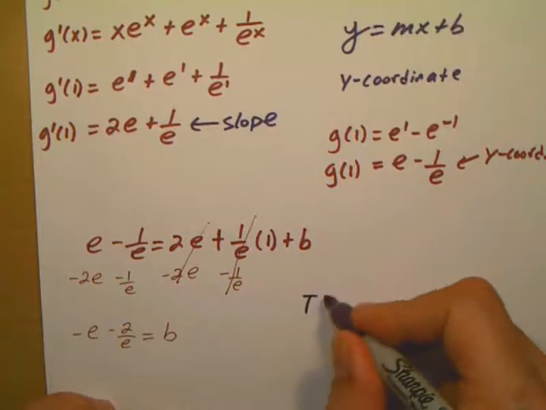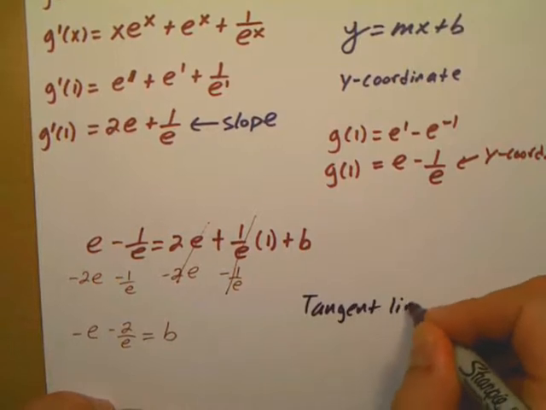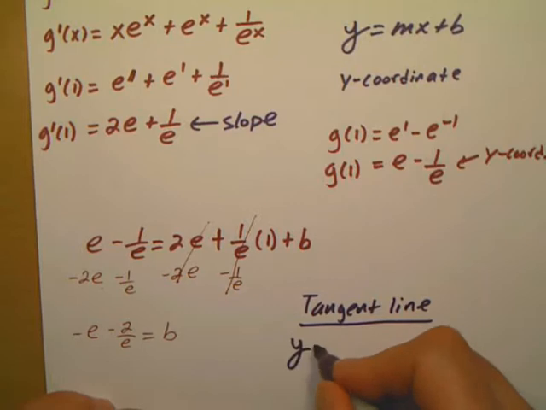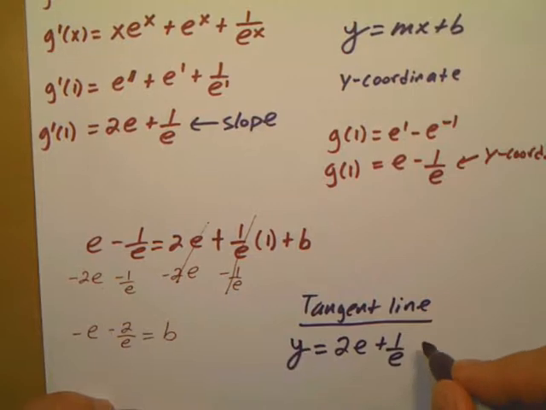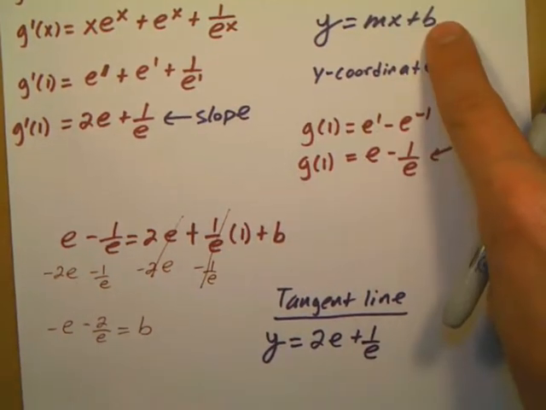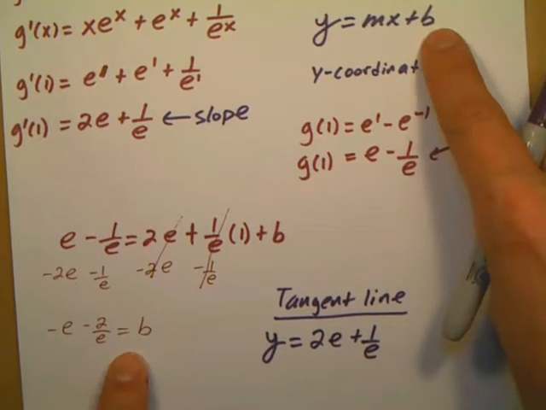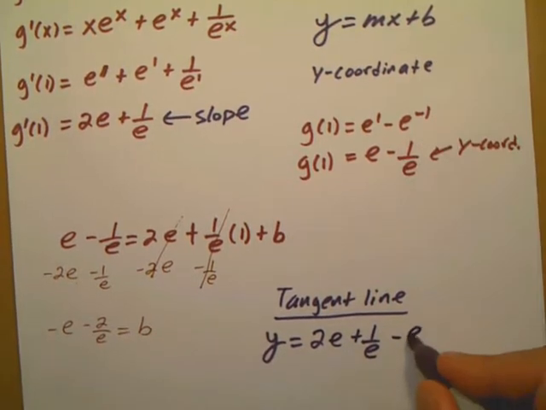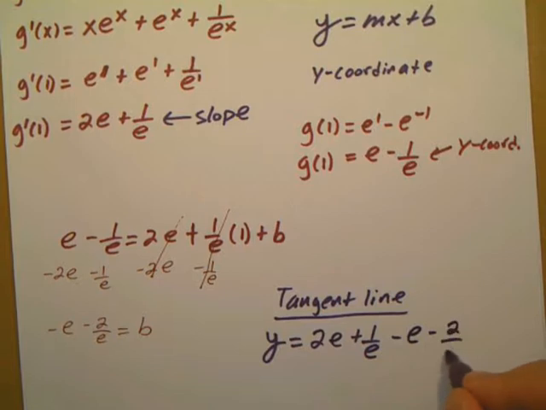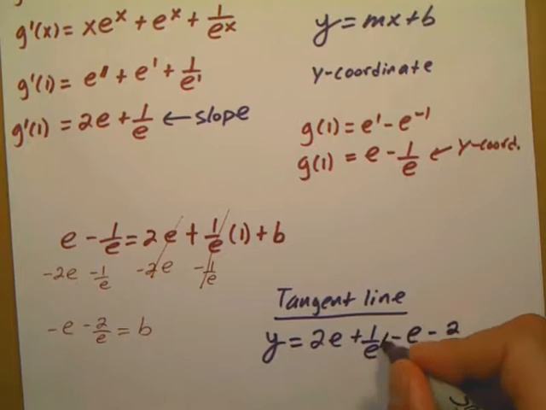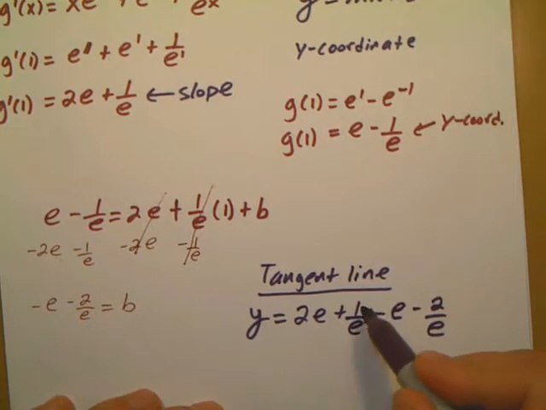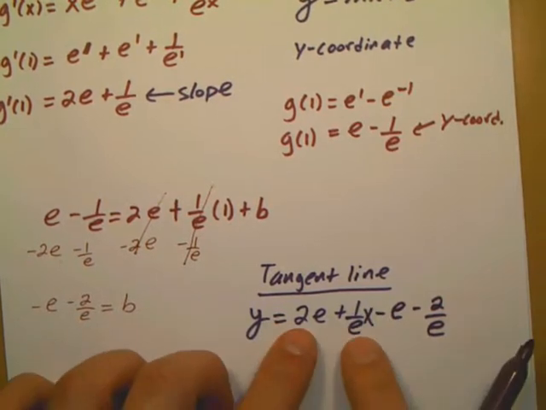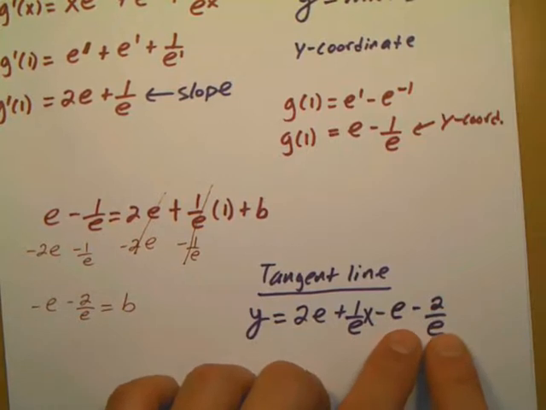So my tangent line is going to be y equal to the slope, which is 2e plus 1 over e, and then plus my y-intercept, which I found, so it's going to be minus e minus 2 over e. And I'm multiplying the slope by x. I forgot the x variable right there. So this bizarre looking expression is my slope, all of this times x, and then my y-intercept.